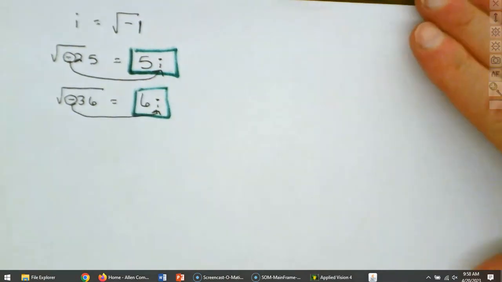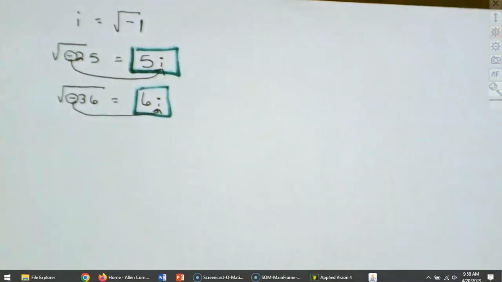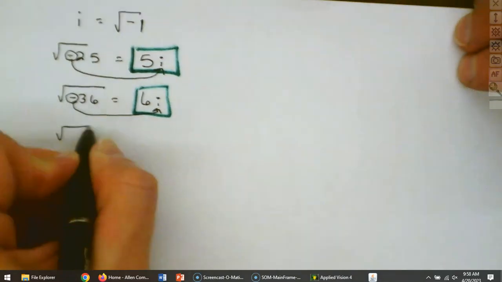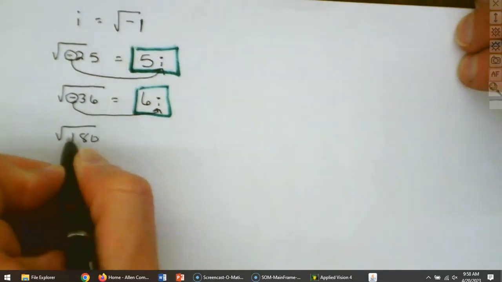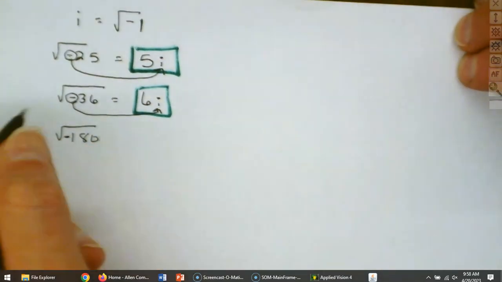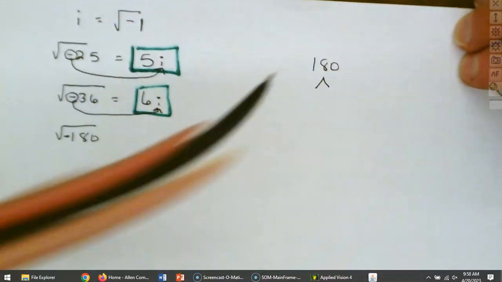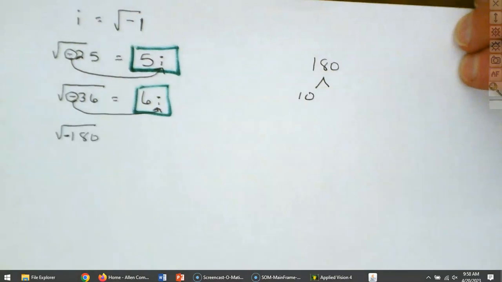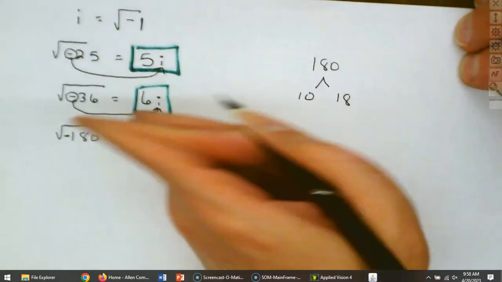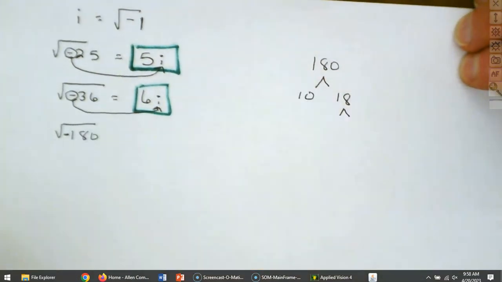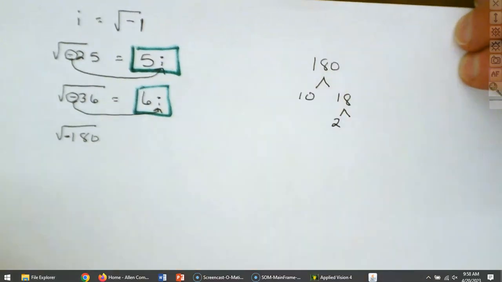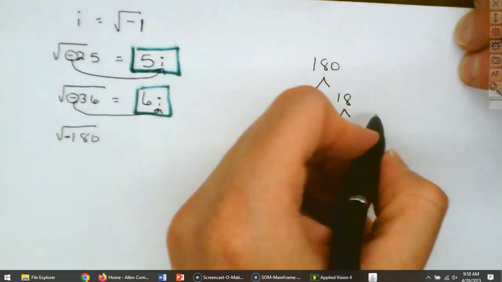They also may need to be broken down. So let's look at one where we have to break it down. How about the square root of 180? And let's make it negative inside. Well, how do we break down 180? It ends in a 0, so we're going to use a 10. 10 and 18. 18 breaks down into 2 and 9.